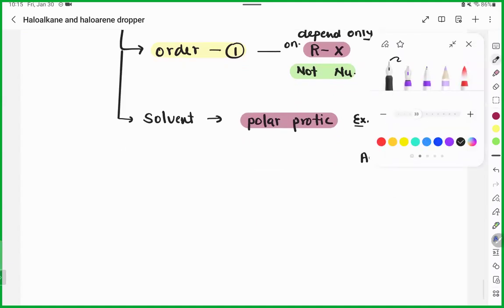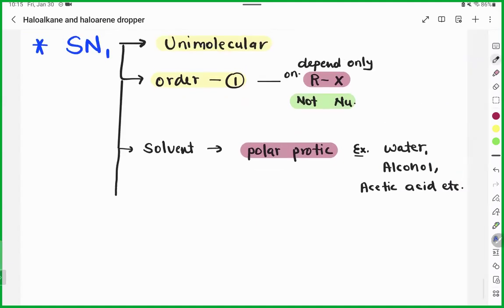Fourth difference. You know SN2, how many steps were involved in SN2, Anvita? Can you repeat the question? How many steps are involved in SN2 reaction? So two main steps, right? Oh, in SN2, my bad.